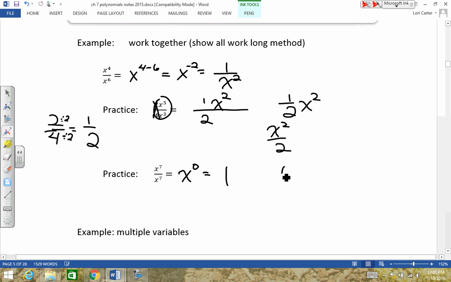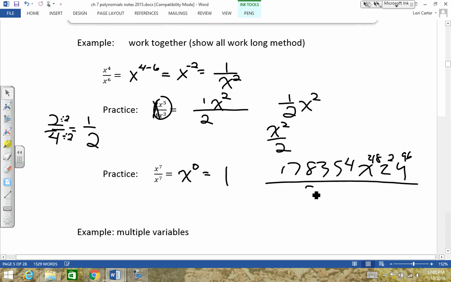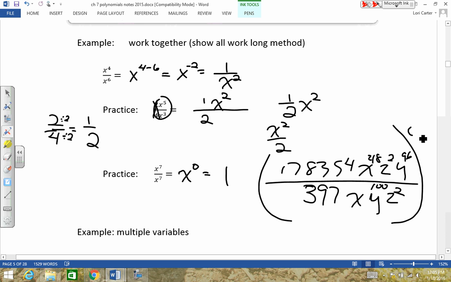I could do 1, 7, 8, 3, 5, 4, x to the 48th, z to the 2nd, y to the 96th, all over 9, 7, x, y to the 100th power, z squared. Put the whole thing to the 0 power. And what's the answer? 1.